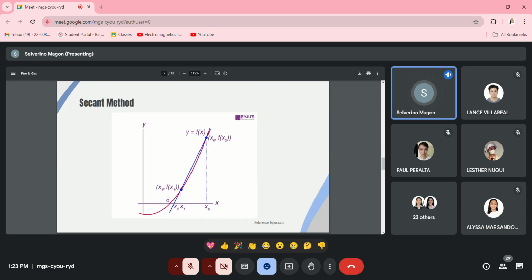And so for example, in this second graph, we have a roughly similar function. But in this case, we have an initial guess of x0 and x1 where the actual solution is outside that initial interval. All right, so this is the other case.